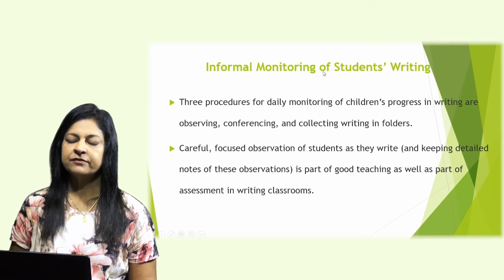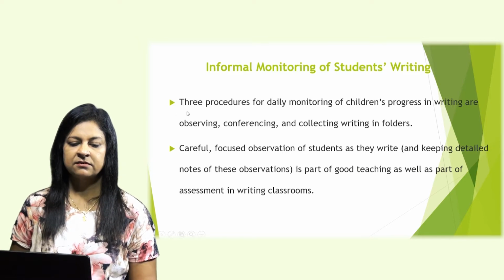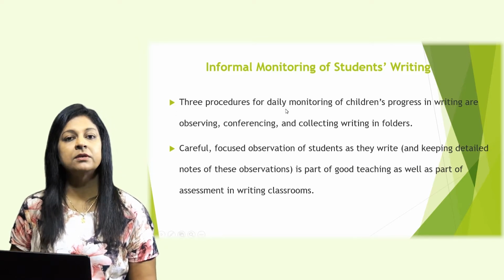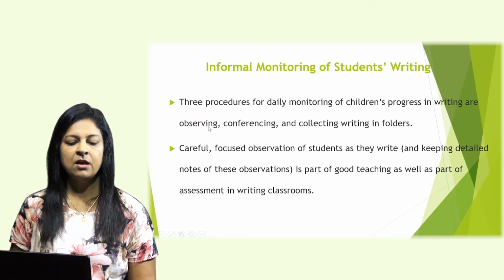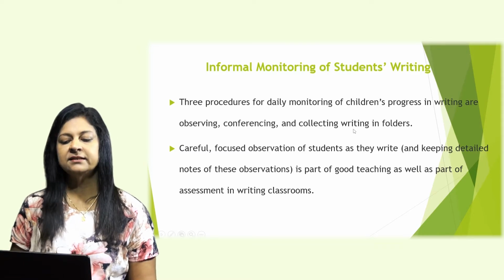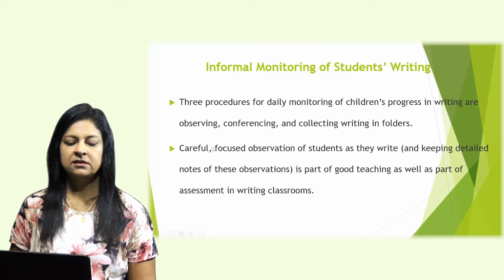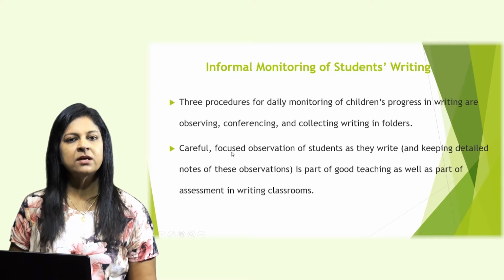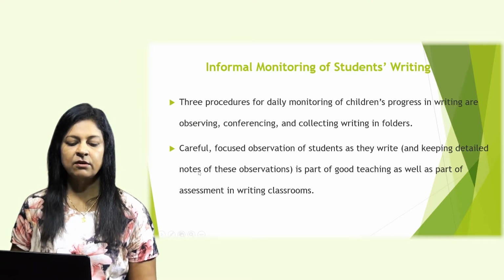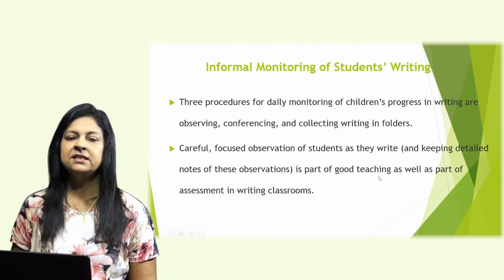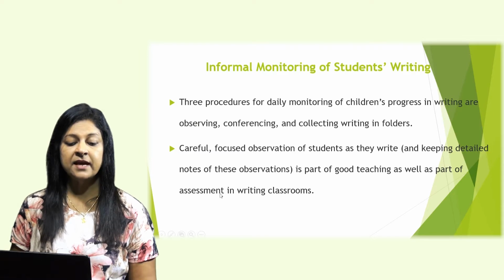Informal monitoring of students' writing. 3 procedures for daily monitoring of children's progress in writing are observing, conferencing, and collecting writing in folders. Careful, focused observation of students as they write and keeping detailed notes of these observations is part of good teaching as well as part of assessment in the writing classroom.